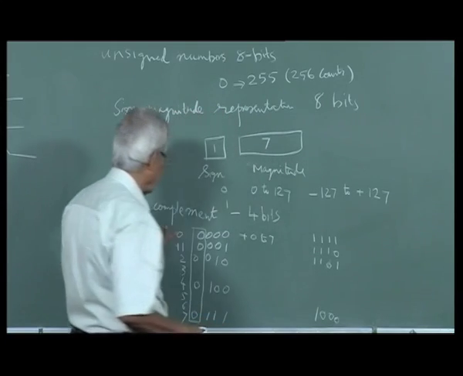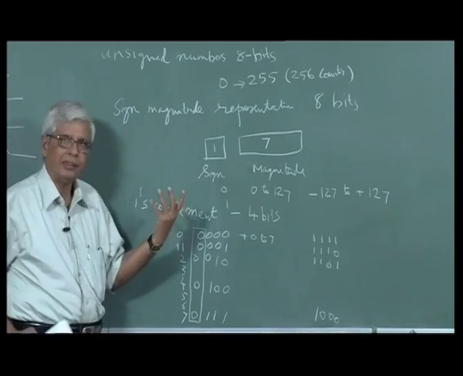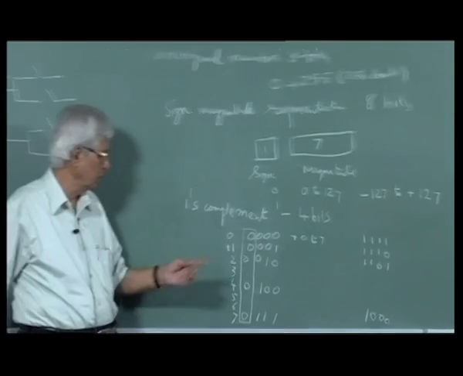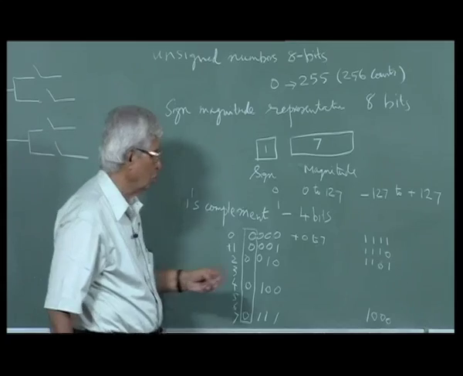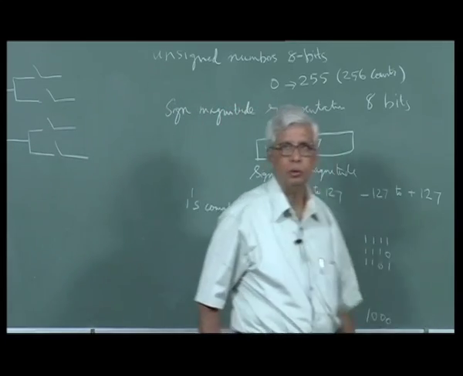Now, 0 has 2 representations. There is nothing like plus 0 minus 0. So 0, 0, 0, 0 is 0, and 1, 1, 1, 1 is also 0 in 1's complement.